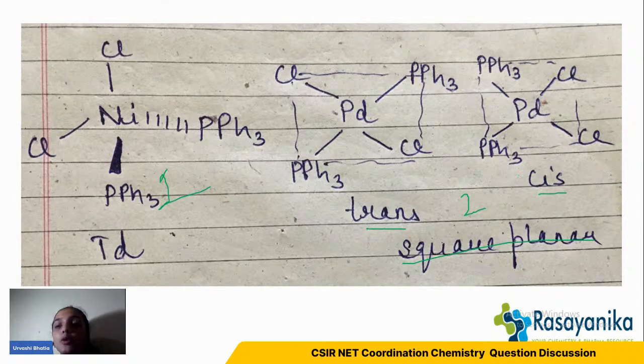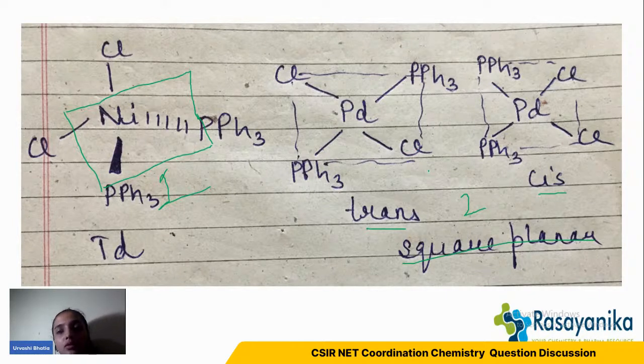Now, if we talk about the optical, you can see that here there is a plane of symmetry. For the tetrahedral geometry, we have a plane here. You can pass the plane through the Cl for reflecting the PPh3, or you can pass the mirror plane from here, and the two Cl are going to reflect. So there is a plane of symmetry, and it is optically inactive, right?